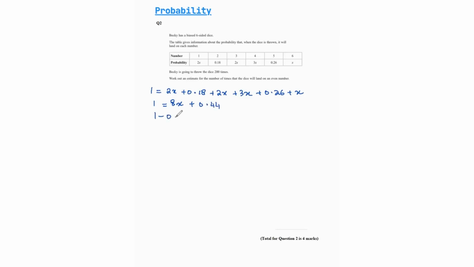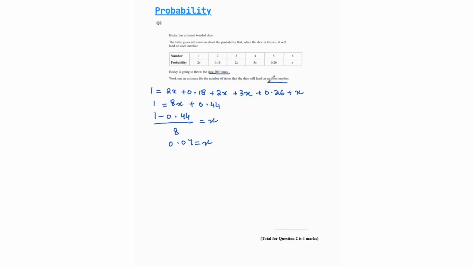So then 1 minus 0.44 divided by 8 is going to be x, which is going to give us 0.07 for x.